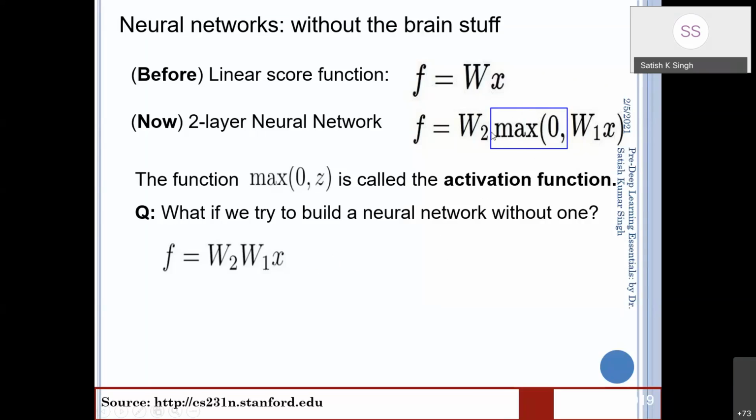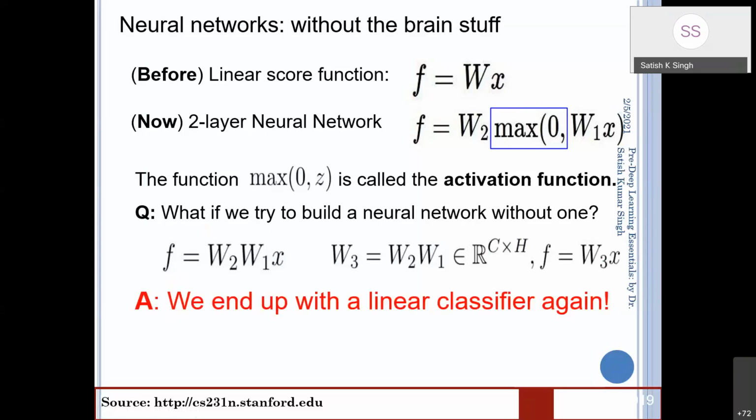If we remove this function and use the identity function, this representation will be converted into this form. I have already said that if any complex process is represented only in the form of matrix multiplication, then this is a linear classifier.